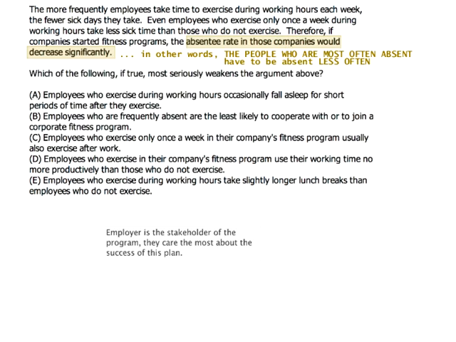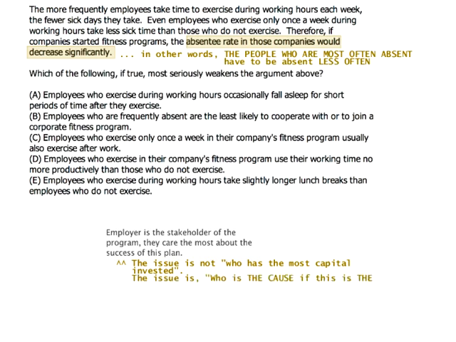Please don't type answers in the chat box, guys. Multiple choice answers are underneath your name. The issue is not who has the most capital invested, where capital is money, but also emotional capital and stuff like that. That's not the point. The issue is who is the cause if this is the effect. Think about betting $5 million on some inconsequential high school football game.